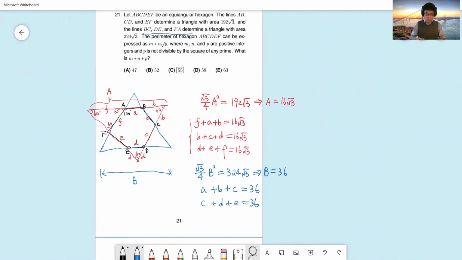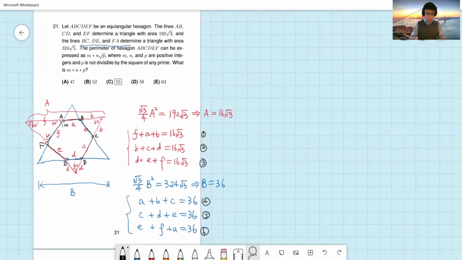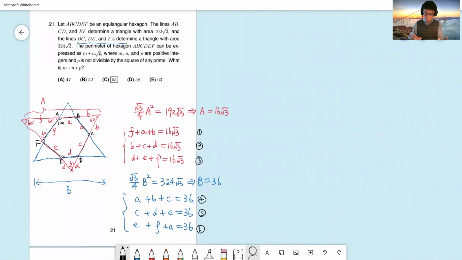On the left, we have E plus F plus A equals 36. So totally we have these 6 equations: 1, 2, 3, 4, 5, 6. Our last step is to add all these equations, 1 plus 2 plus 3 plus 4 plus 5 plus 6.